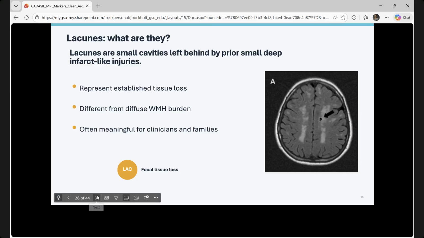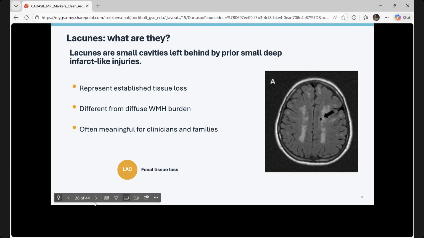We'll go back to lacunes. So for lacunes, what we do is we count them. We do measure each lacune's volume. We add those all together. We track where they are regionally. And for lacunes, at least so far, what we've seen is that, like white matter hyperintensity, the total volume is probably the most important, and then also the count itself.